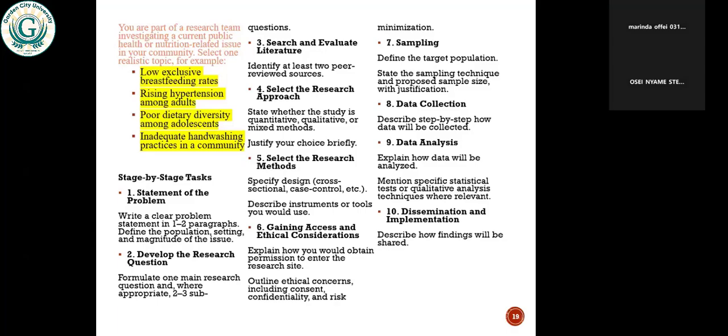So in that case, the problem statement is going to be: residents of this particular group of people face increased risk of waterborne disease due to inadequate access to clean water. Let's say that is the problem statement. Please, am I on the right path?